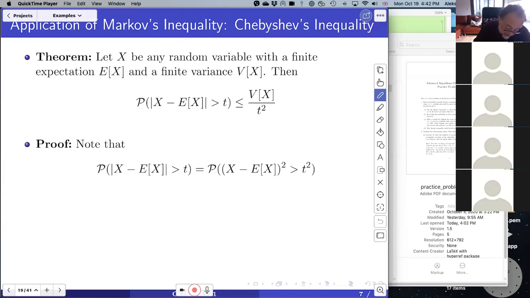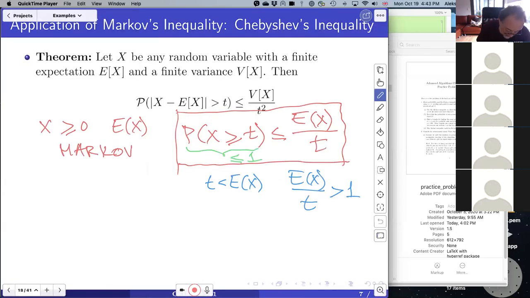But Chebyshev made probably the most important application of the Markov inequality as follows. So remember, for the Markov inequality, the only thing that we assumed is that x is non-negative and has finite expectation.